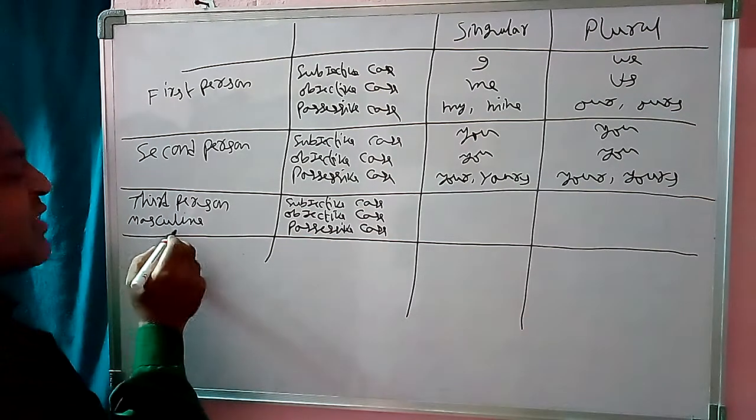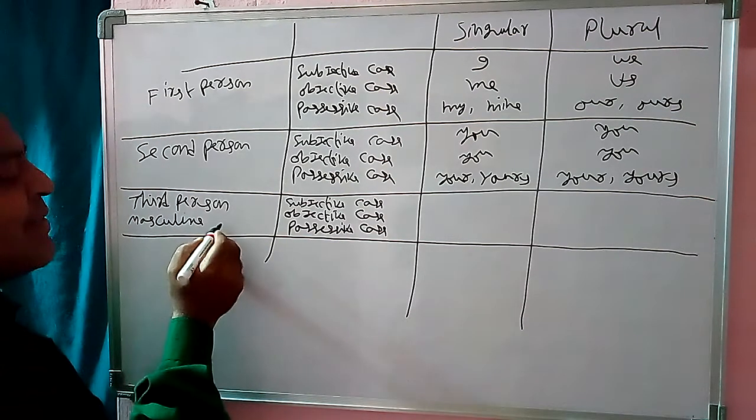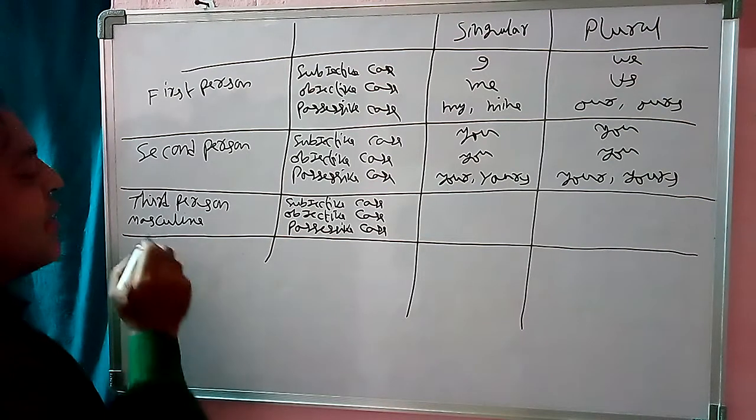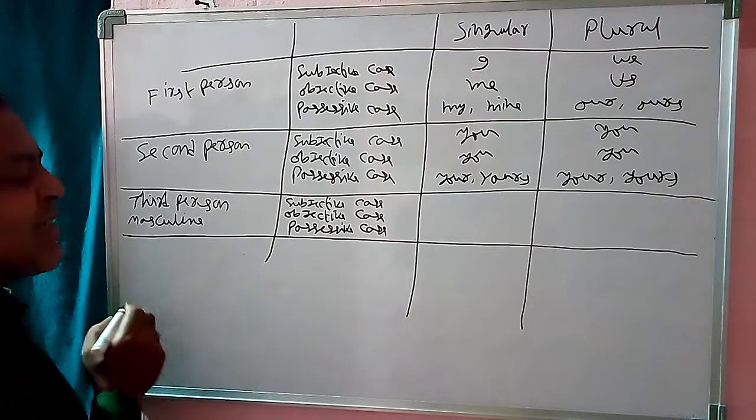Third person masculine gender is names of male persons. Names of male persons are called masculine gender.